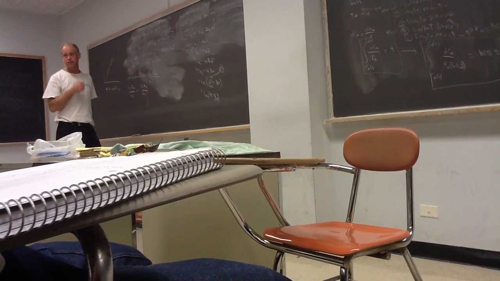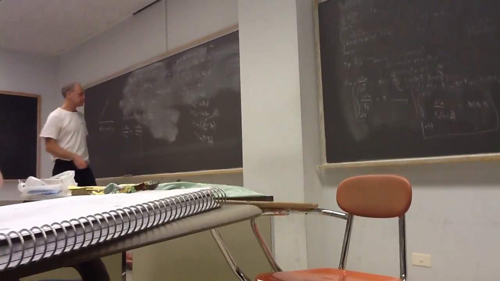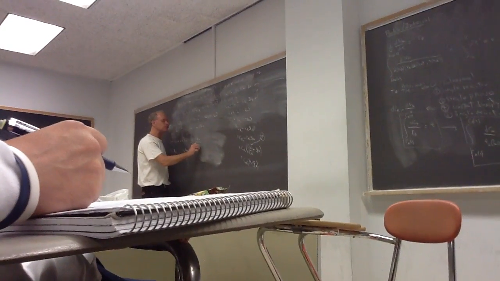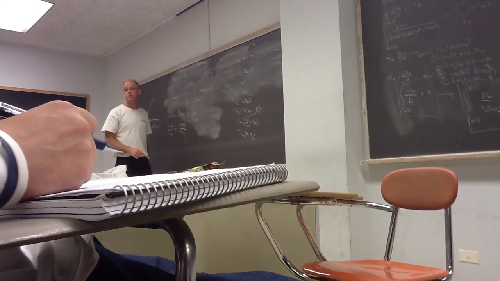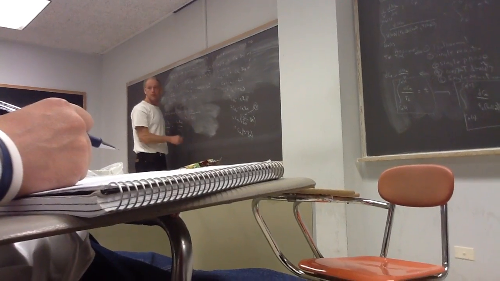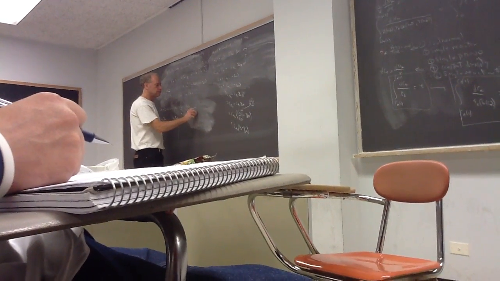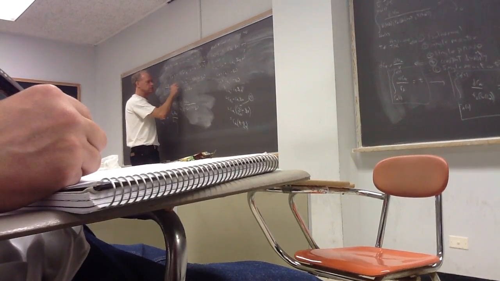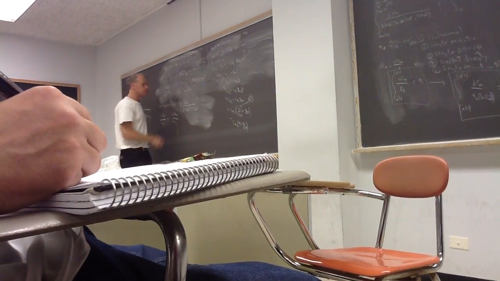What is F2 of C? CA naught squared. You have to speak a little louder so someone can hear you. 1 minus XA and M minus XA. Anything else? You take care of this, and minus.